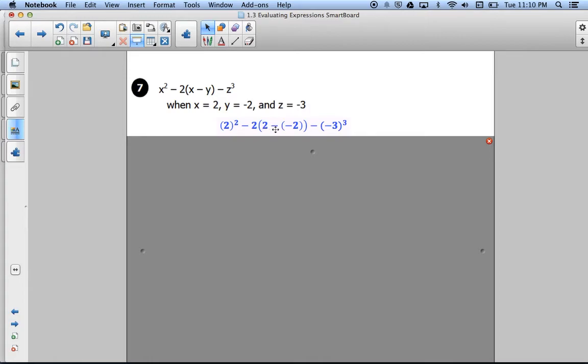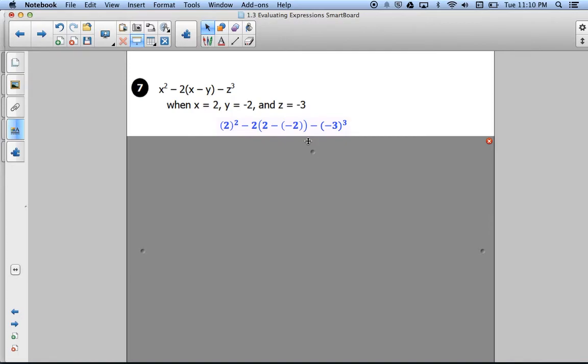So x minus y. And then I subtract z cubed. So I'll say minus z cubed, which is negative 3 cubed. Remember to put your negative values in parentheses. Again, that's going to be really critical if you're using a calculator.